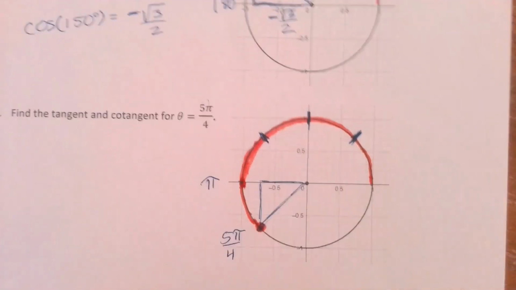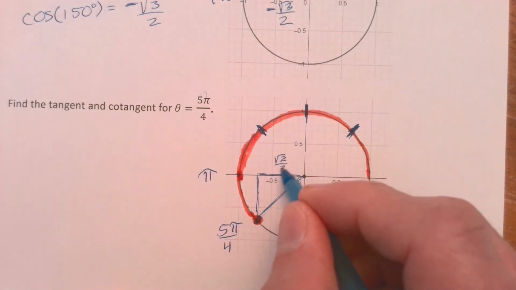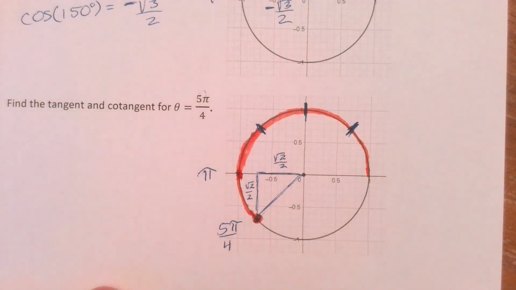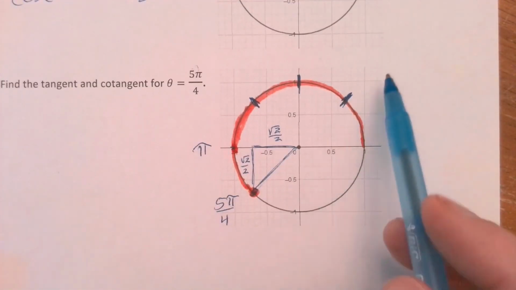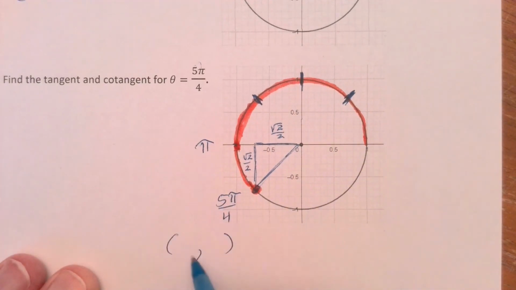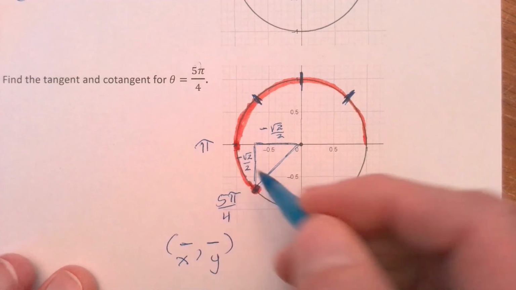Yeah, so both of these dimensions are the same. They're both √2/2. And they're the same in a different way also. Because remember, if you're down here in the third quadrant, all coordinates have both x and y negative. So that's negative to the left, and that's negative going down.